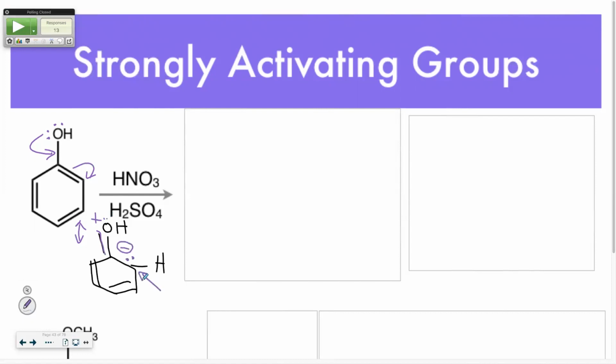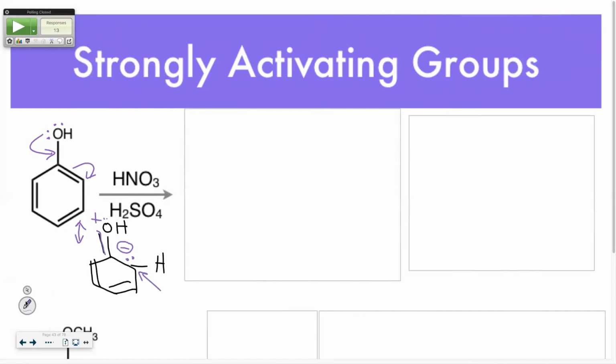So because we're putting the electrons out there, we haven't added the electrophile. Okay, so if you're going to reach out and grab an electrophile, your high electron density spots are going to do it. That's going to be the ortho and the para spots. Okay, and when we had a methyl group, we were donating electron density into the ring, but it was not through resonance.